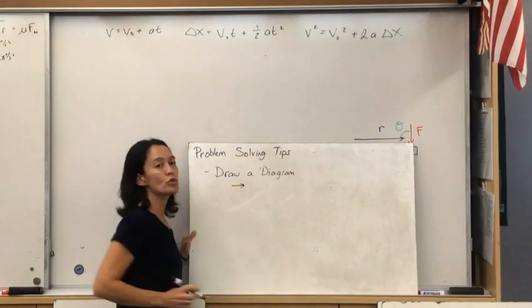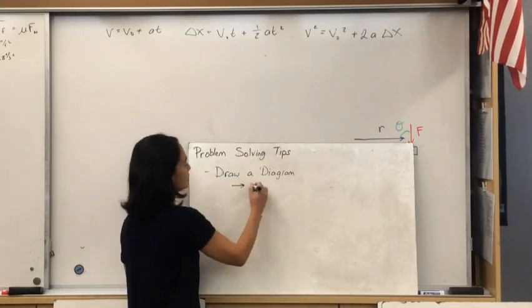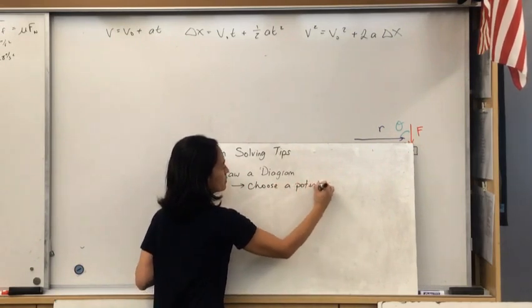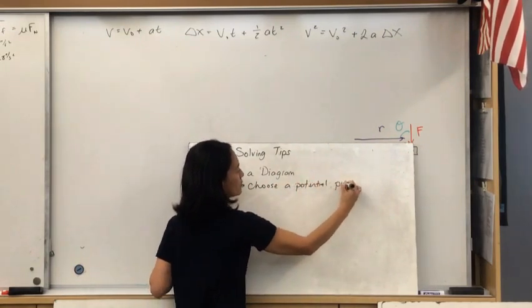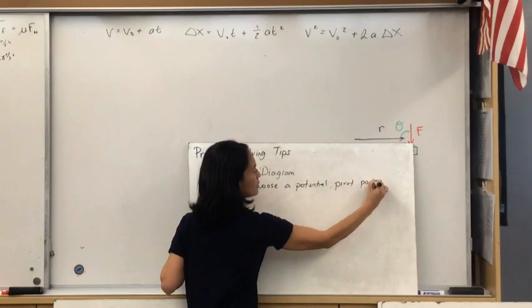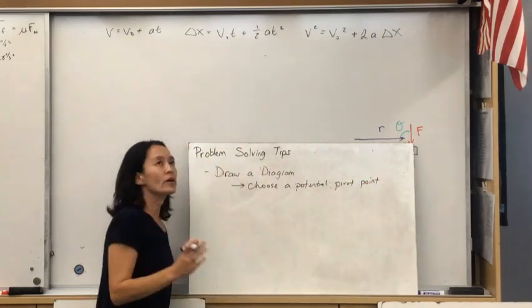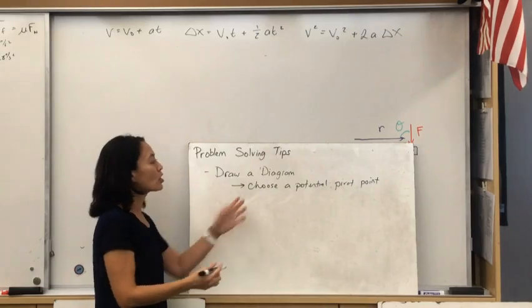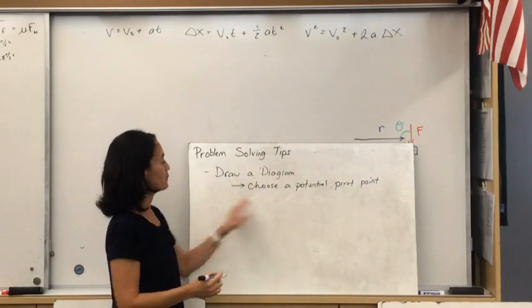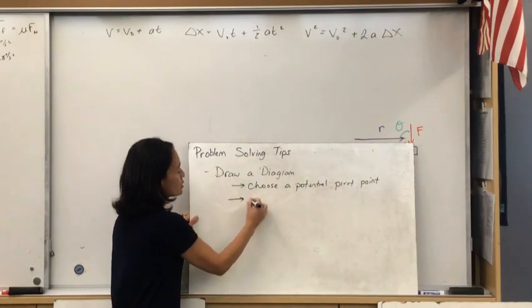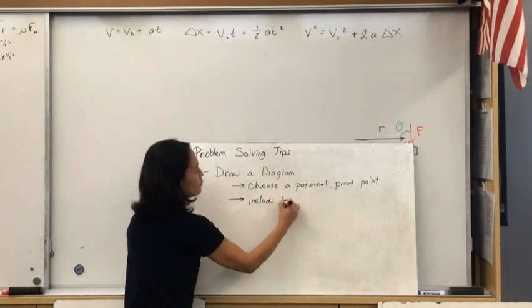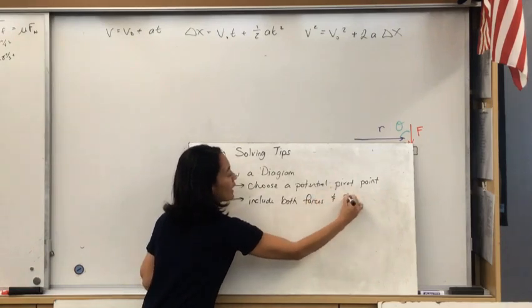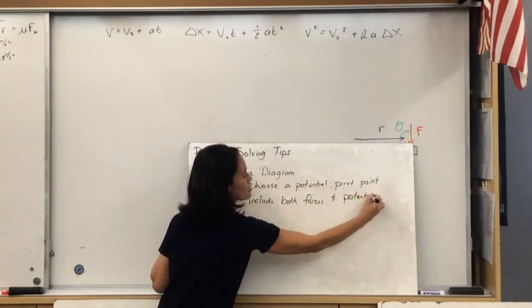We need to choose a potential pivot point. So where is this object? How could it potentially pivot? And our torques would be drawn from there. Okay? So we are going to include both forces and potential torques.